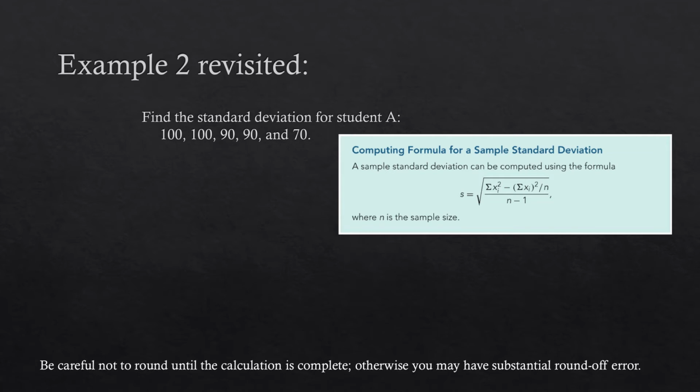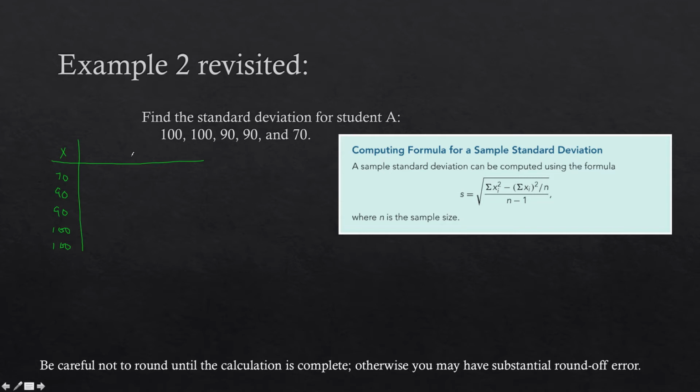Now, how would we use the computing formula? Well, look at the data we have here. This is our student A data that we had from earlier. If I'm doing student A data, my X values here are 70, 90, 90, 100, 100.